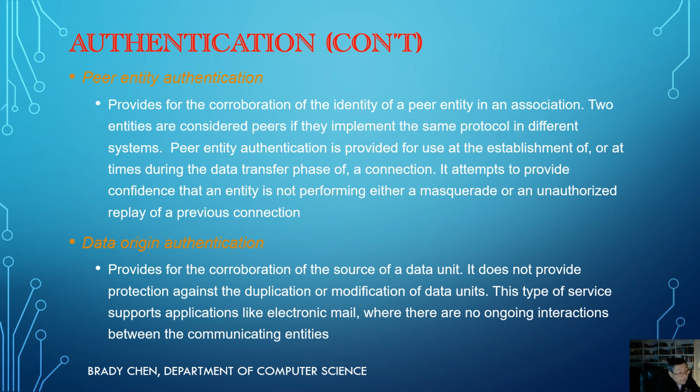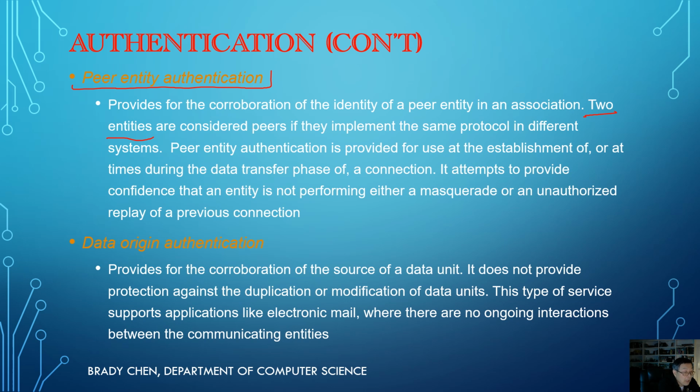So the first authentication service is the peer entity authentication. Now, peer entity authentication provides for the corroboration of the identity of a peer entity in an association. Two entities are considered peer if they implement the same protocol in different systems.